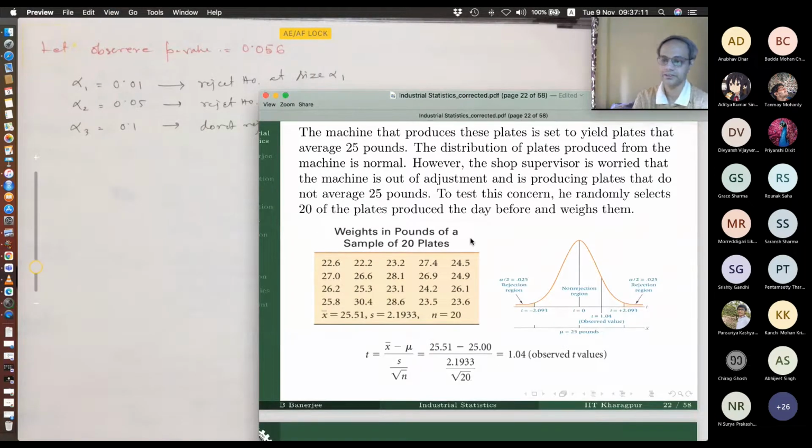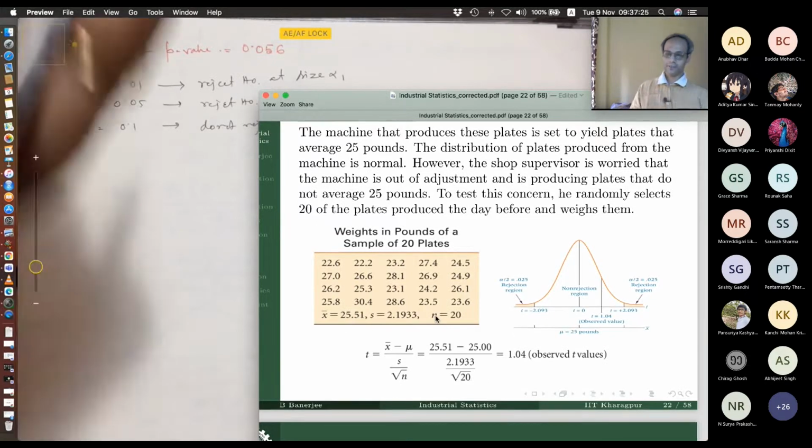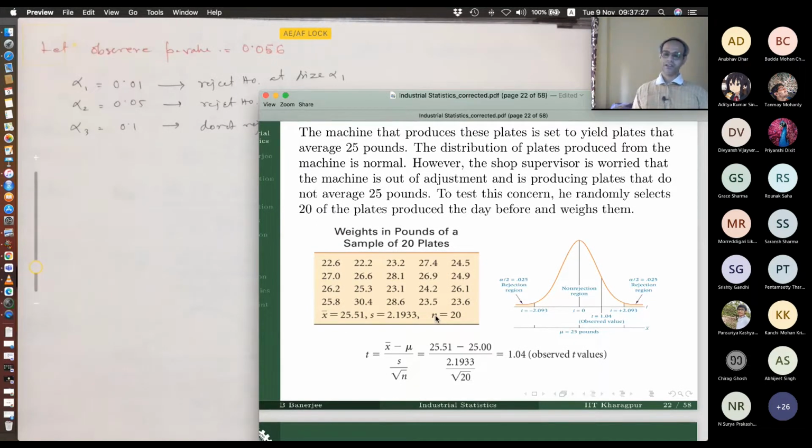We have done all the theory, but with a nice diagram. In an exam, if it comes, either you will be supplied with all these estimated parameter values, or maybe some data, and from there you have to compute the test statistic and conclude.